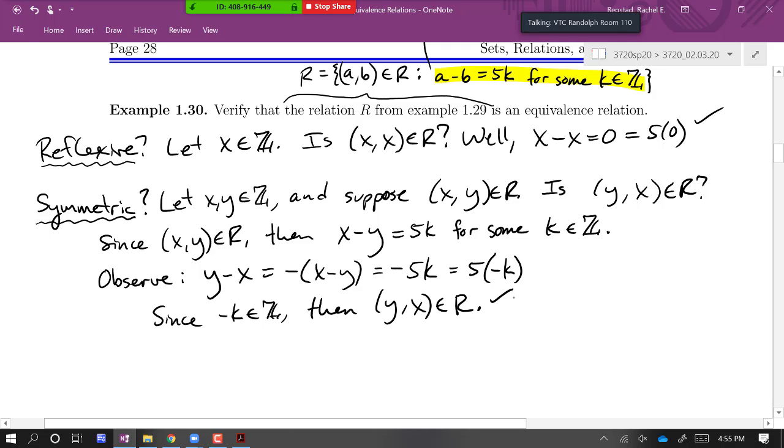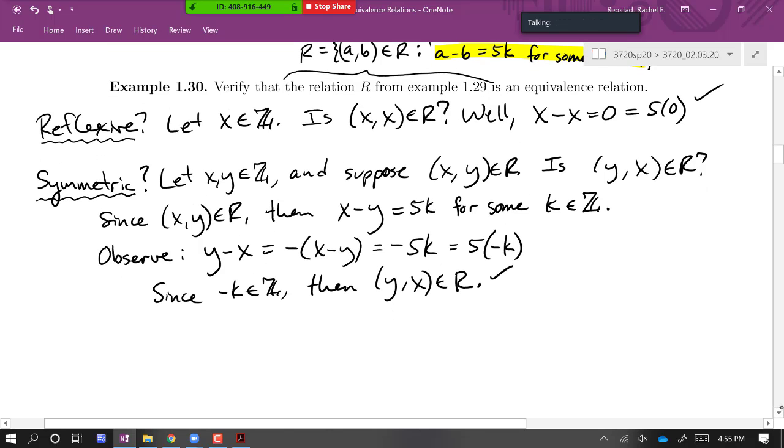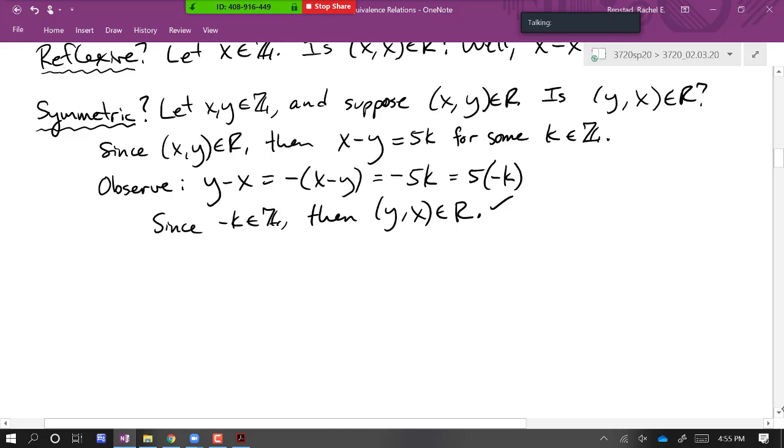So it is symmetric. I'm not going to bother checking antisymmetry because that's not involved in the definition of an equivalence relation. I just need to show reflexive, symmetric, and transitive. So let's move on to transitivity.